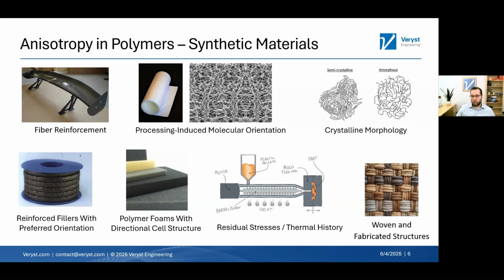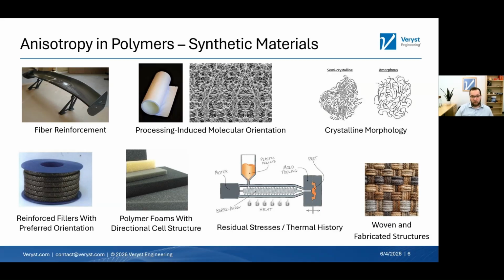And then we have the crystalline morphology of your polymer, which can dictate the orientation of the polymer fibers, and therefore the polymer chains, and therefore your mechanical anisotropy. You have reinforced fillers with a preferred orientation. So if your polymer has some sort of filler in it, and that filler is more aligned in one direction than another, then that will create anisotropy.